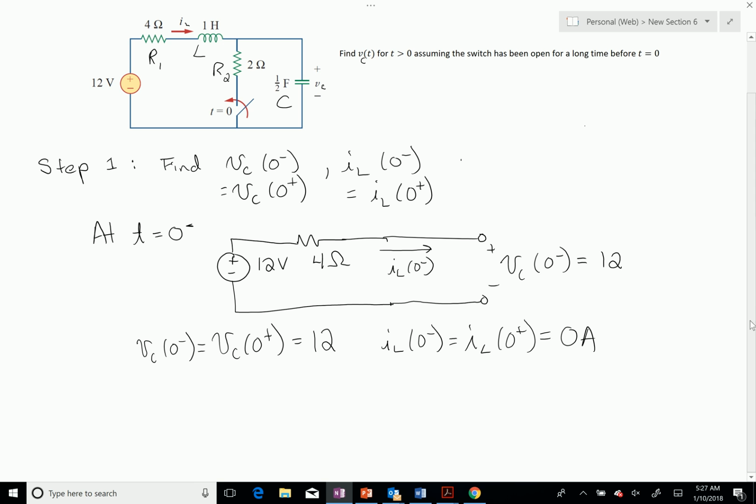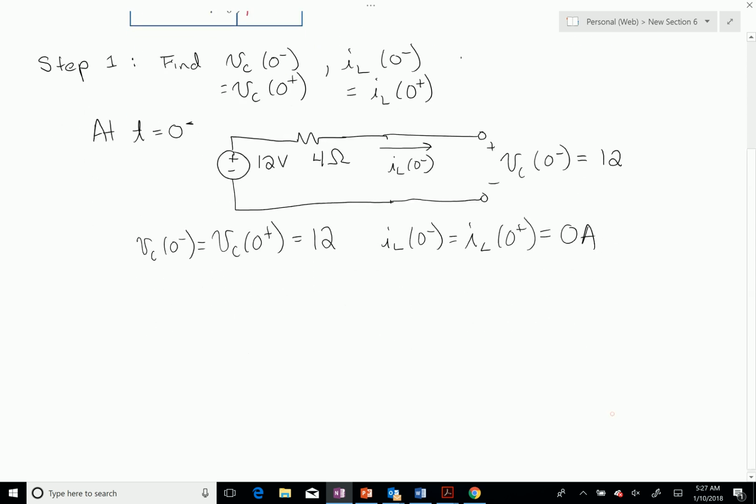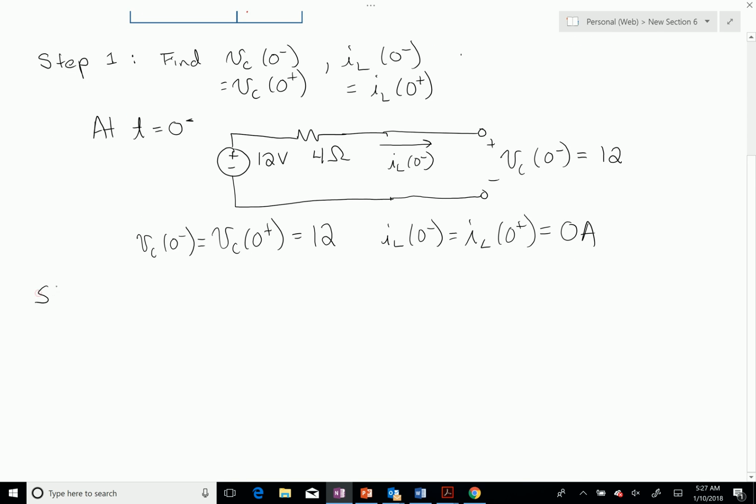So in my step 2, I need to find dVc/dt of 0 plus, which is basically IC of 0 plus divided by C. So really what I need to find here is IC of 0 plus.